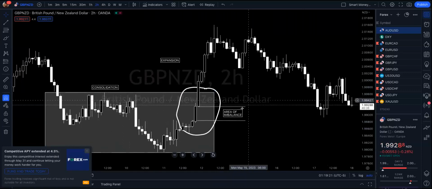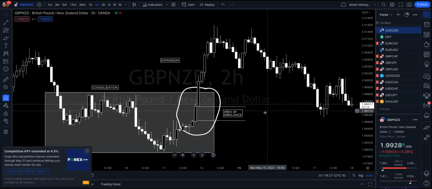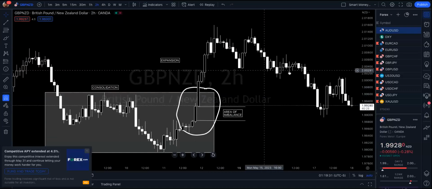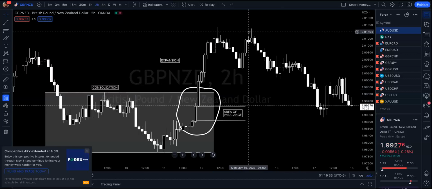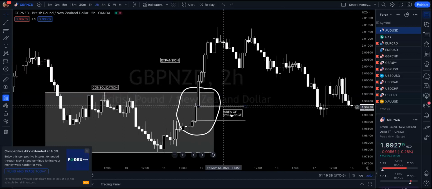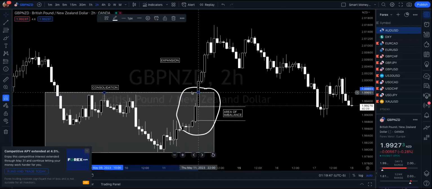The change of character, right? But when you get this imbalance, when you get this expansion, especially with liquidity, a lot of times it comes into play later on down the road when the retracement comes in. We're going to look at it. But we have to have imbalance and we have to have this structure change, this structure break.